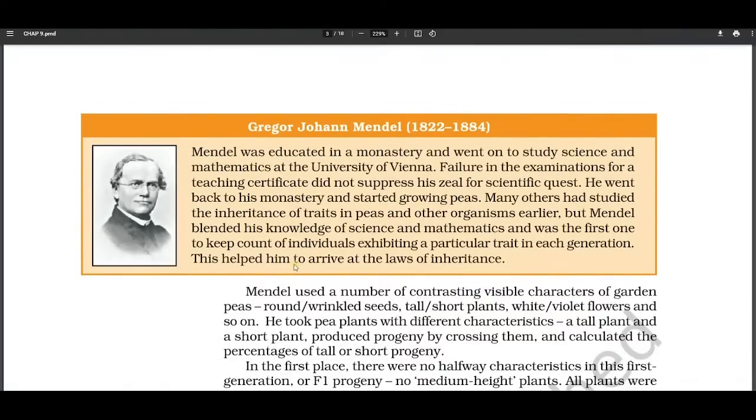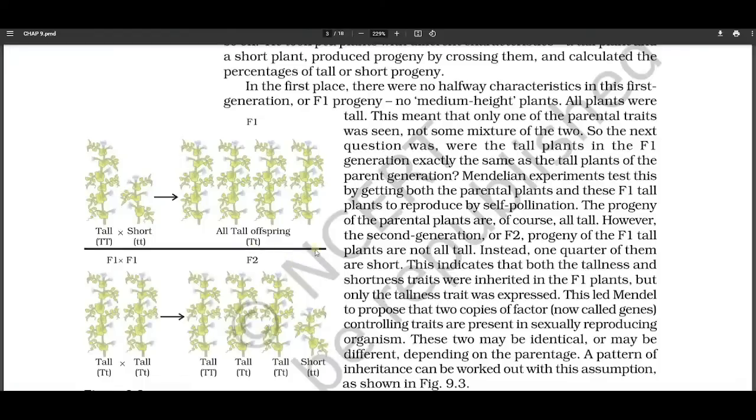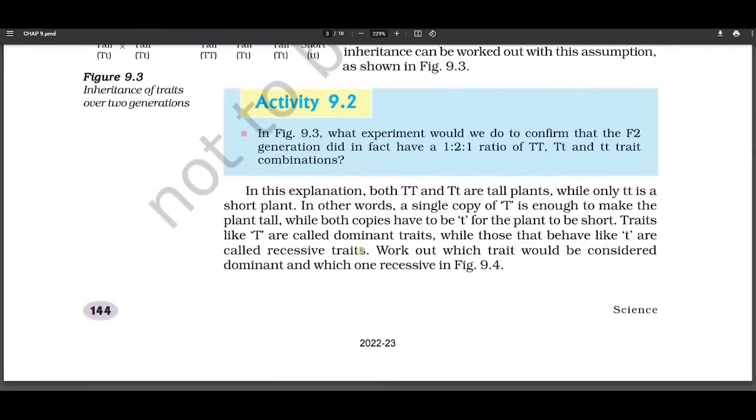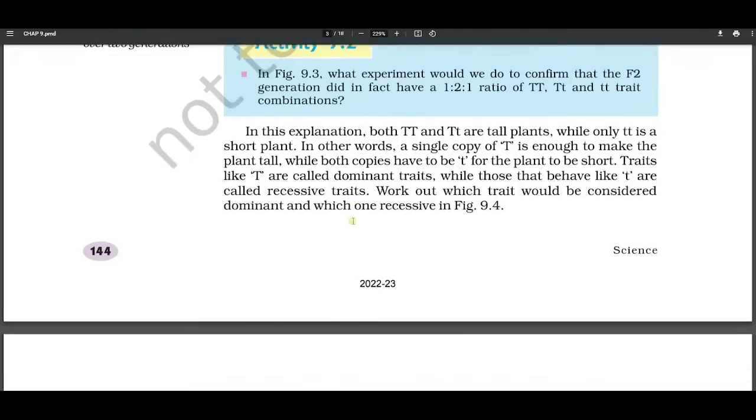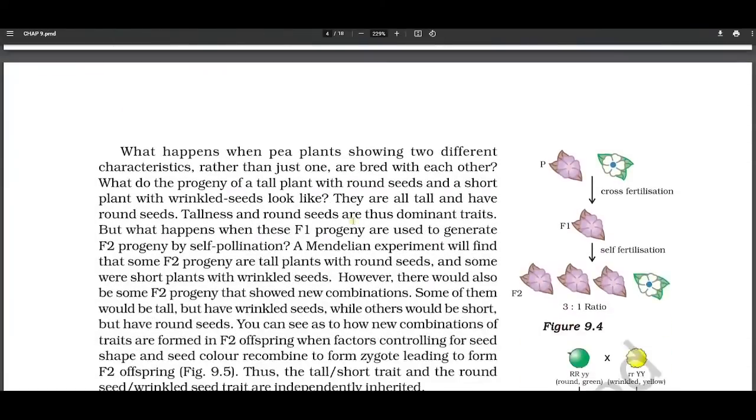If you explain that, you can score easily 3 or 4 marks. The traits in the examination can be changed, but the concept remains same. The monohybrid ratio is 1:2:1, whereas the dihybrid ratio is 9:3:3:1.